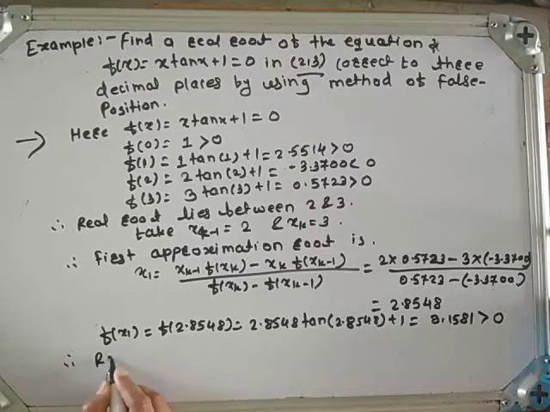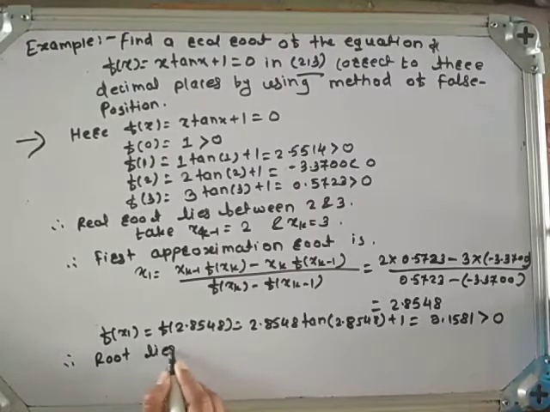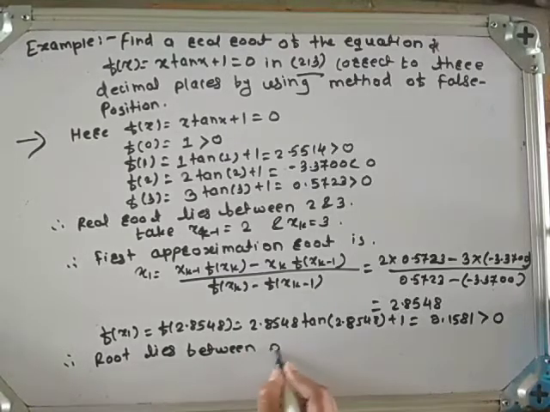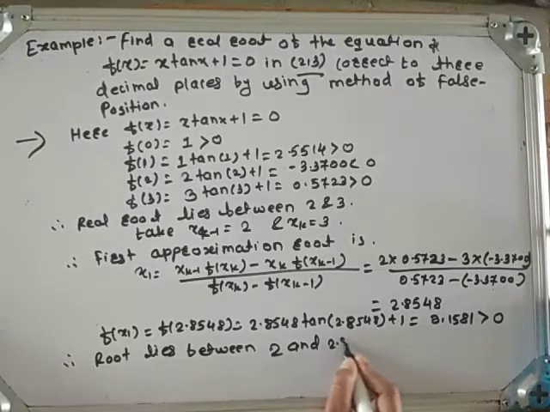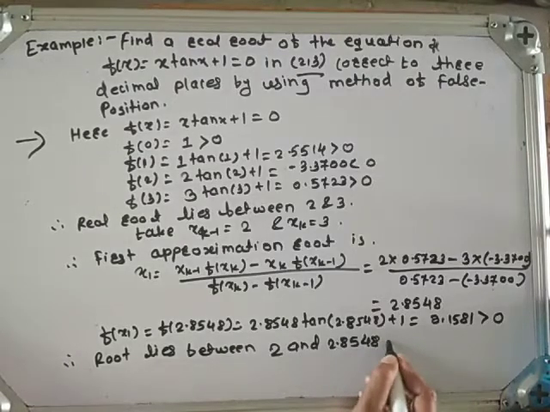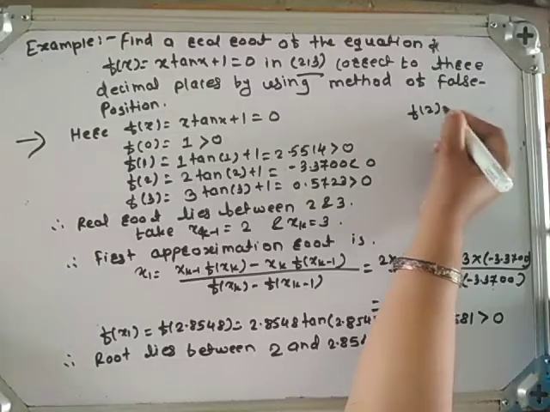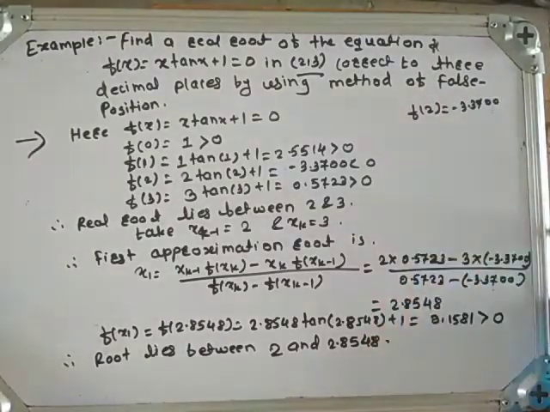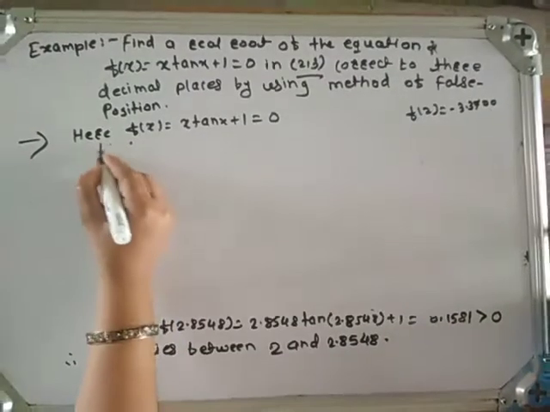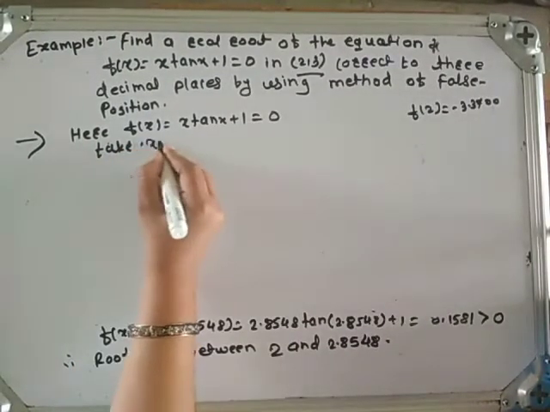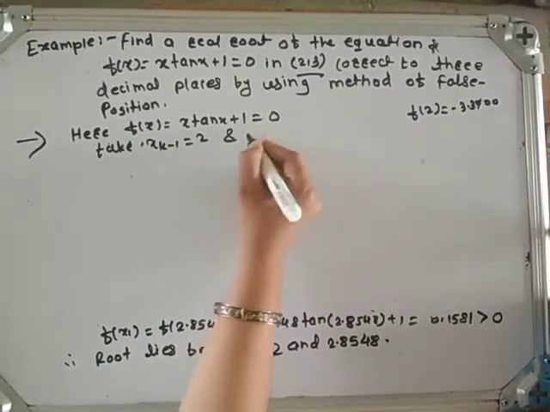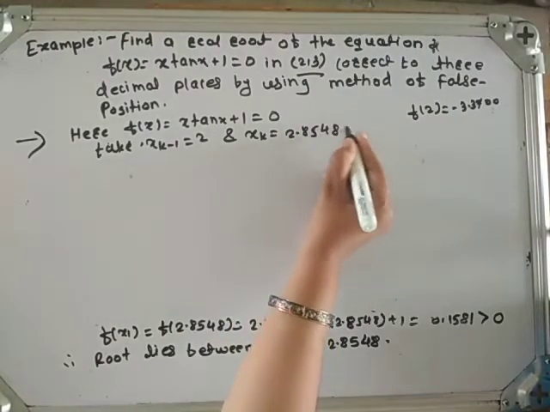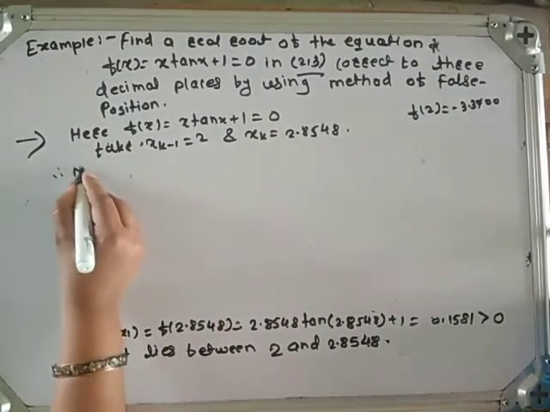Therefore the root lies between 2 and 2.8548. The value of f(2) is -3.3700. Take x_{k-1} = 2 and x_k = 2.8548.